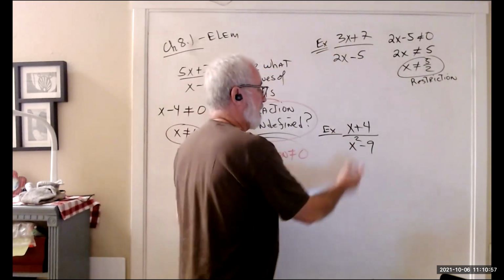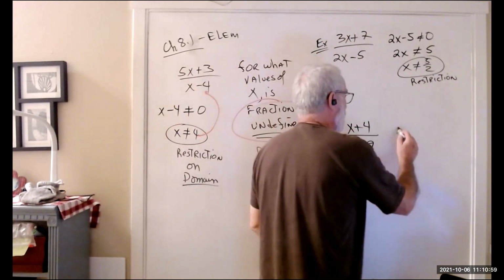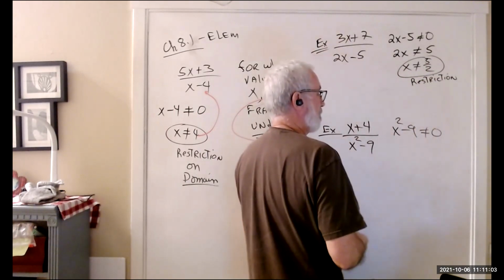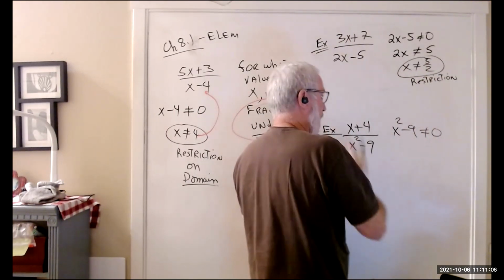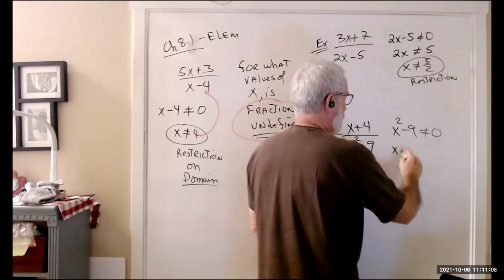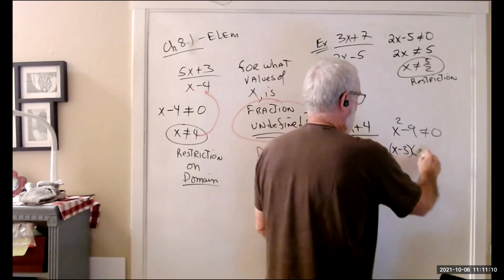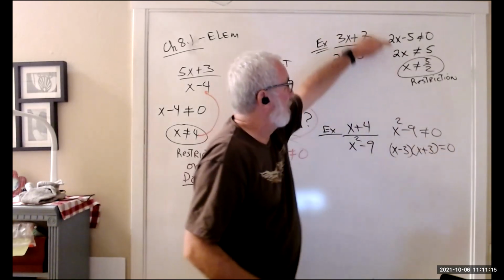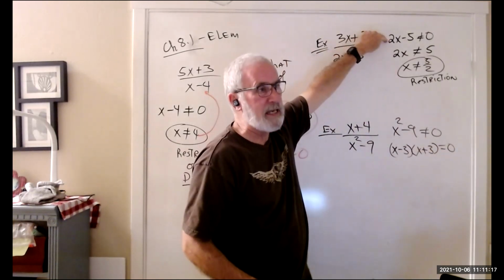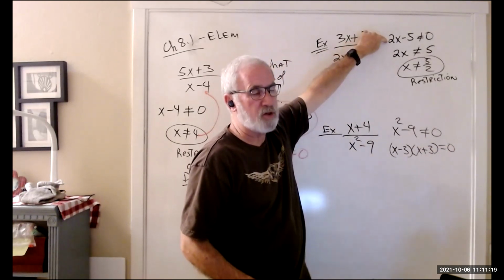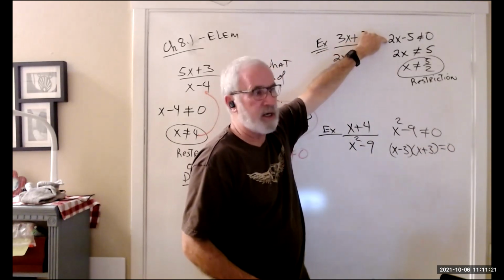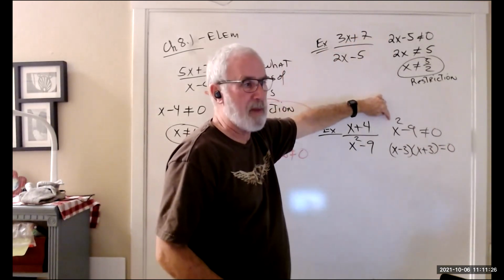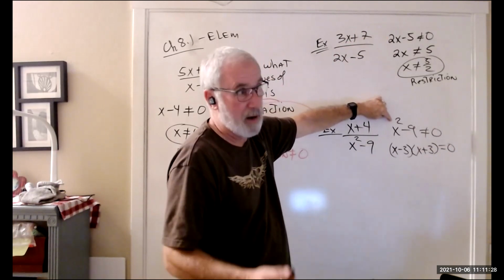Okay, coming down to this one, we say, oh, x squared minus 9 cannot equal 0. Okay, but that's a difference of squares. So that's x minus 3, x plus 3. Okay, again, pay attention. This one up here is called a linear equation. It's what we studied in chapter 2. It's just get x alone. This was called a quadratic or a power equation. Got a power of 2.